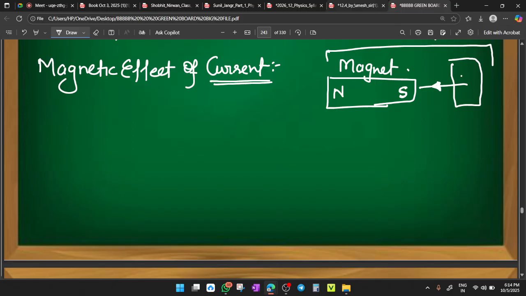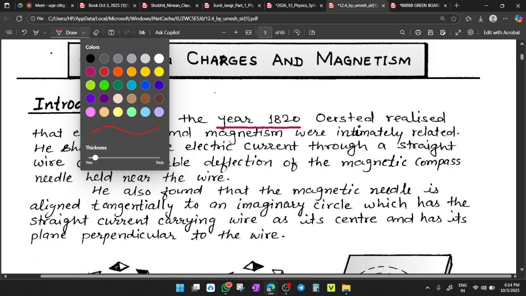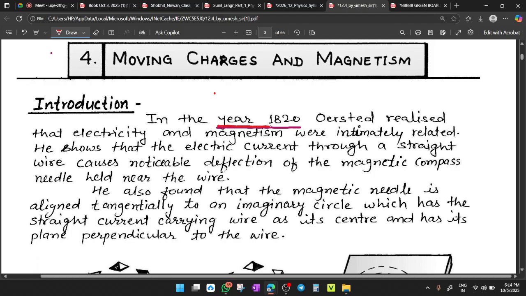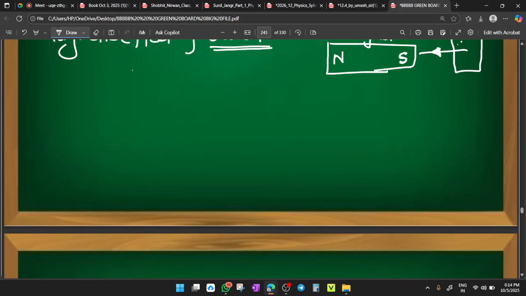In the year 1820, just at the beginning of the 19th century, Oersted performed his very famous experiment. Maybe you have studied about this in class 10th.